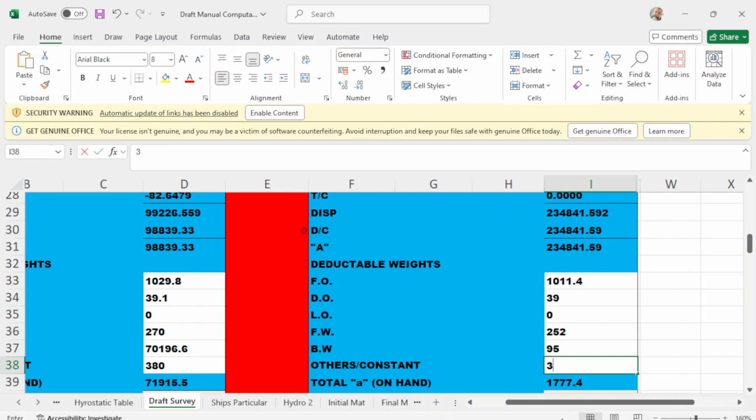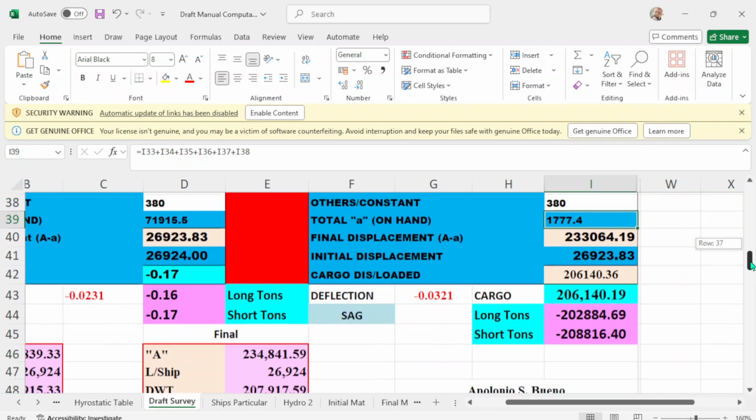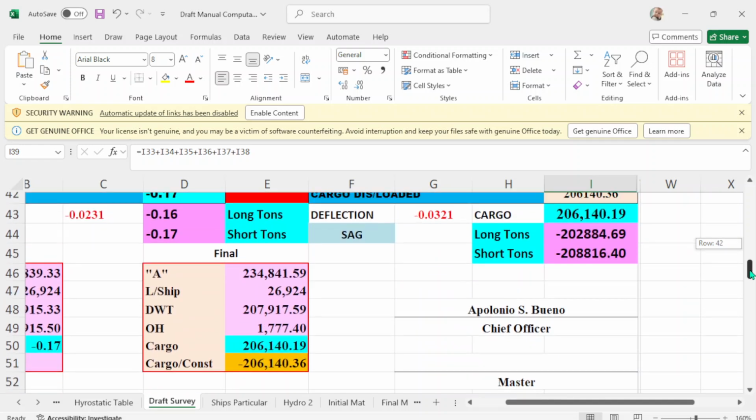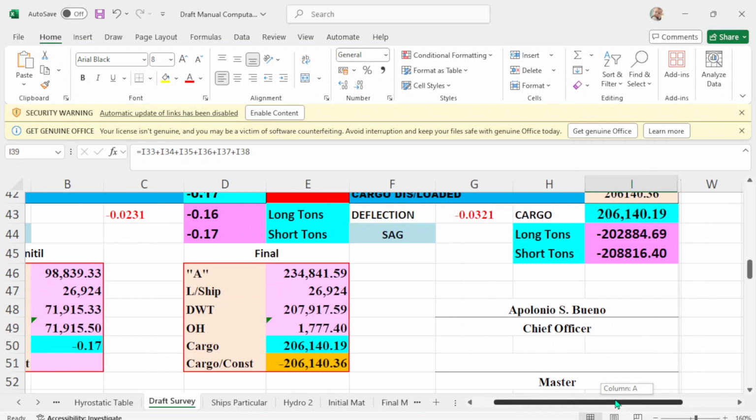Put 380. And how much will be your cargo? Your cargo will be 206,140.19. Okay. That will be your cargo. Because you're minus 0.17, this will be your cargo.